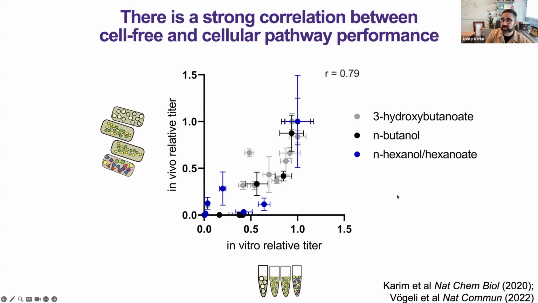And we see quite a good correlation, which was surprising to us. And really, if you dig into the details of the different works that we've done, cell-free systems serve as a good way to down select possible pathways, and not necessarily select the best pathways, but remove pathways that should not be considered.